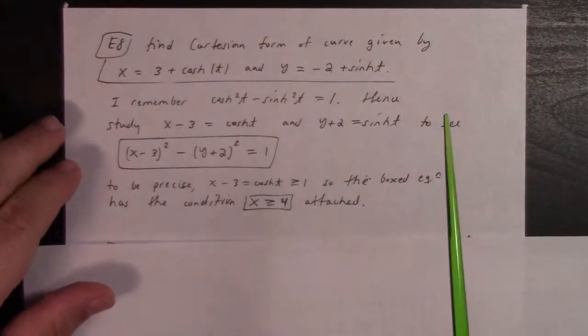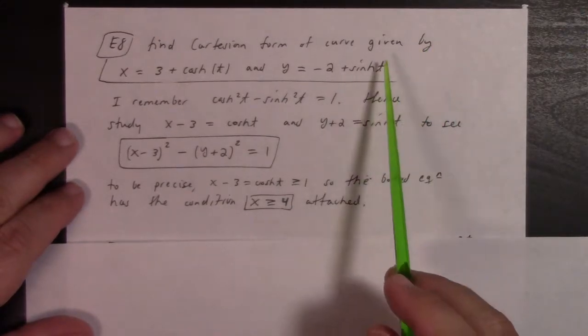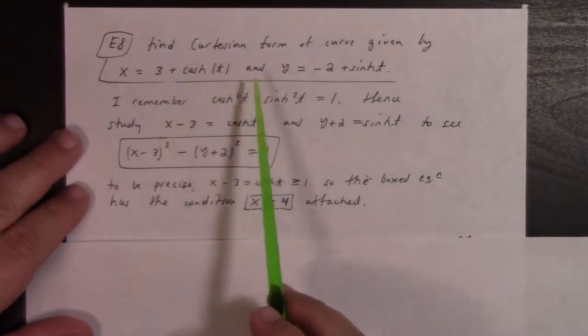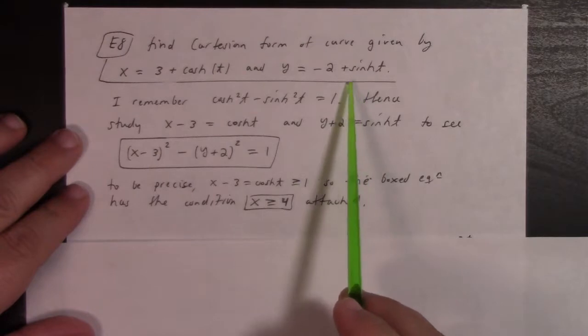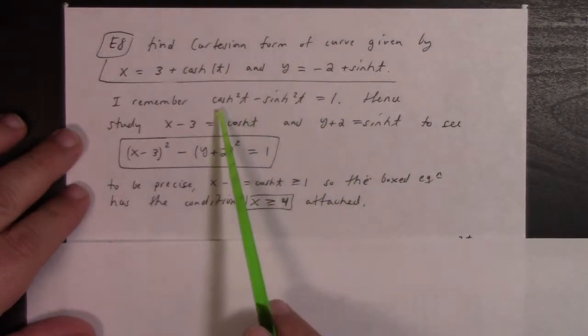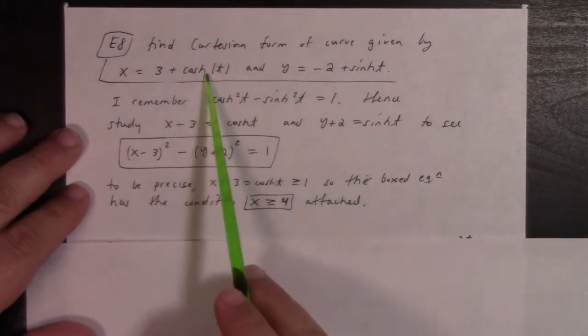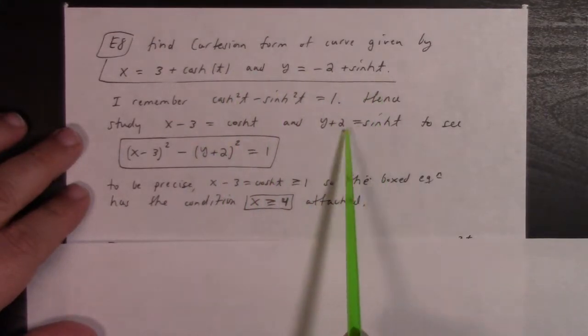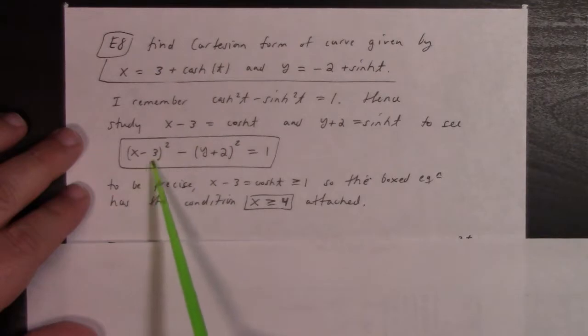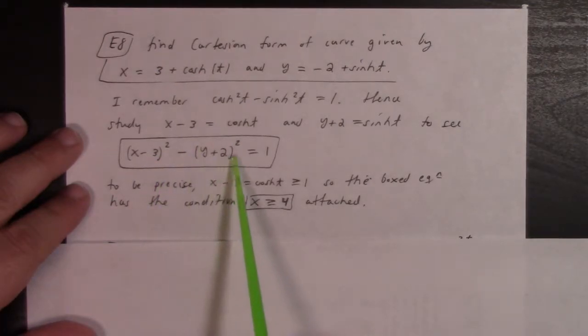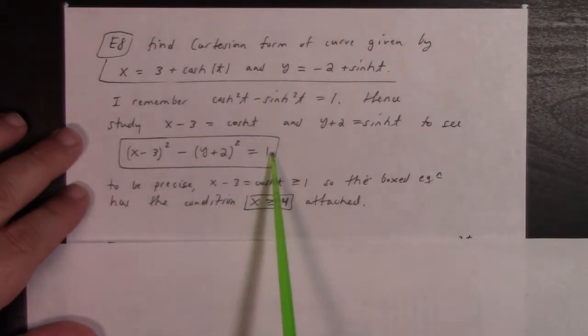Here's another one. Example 8: find the Cartesian form of the curve given by x equals 3 plus cosh t and y equals minus 2 plus sinh t. So the key identity I think about here is that cosh squared minus sinh squared is 1. So I solve this for cosh, I solve that for sinh, and then I plug it in, and that gives me (x minus 3) squared minus (y plus 2) squared equals 1.